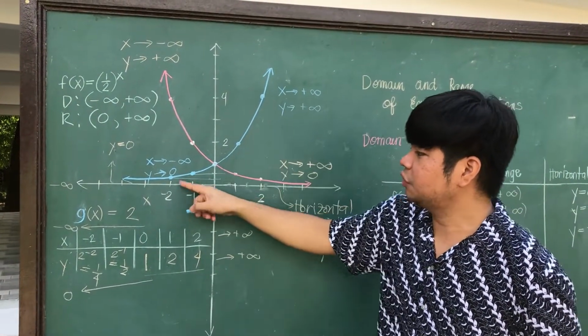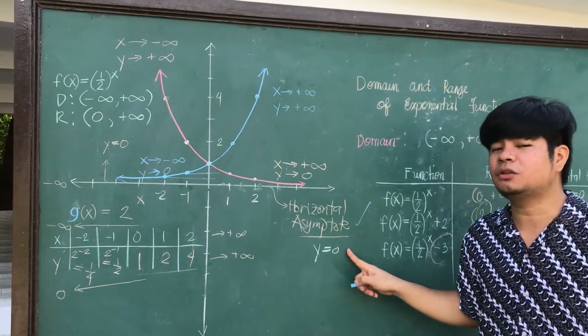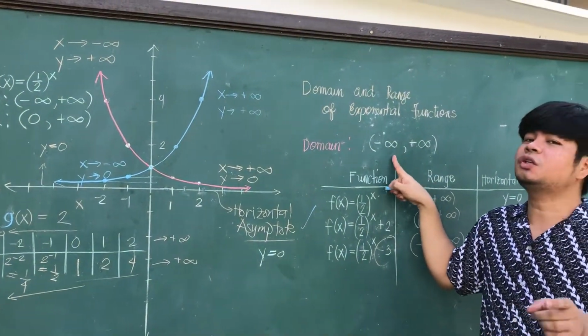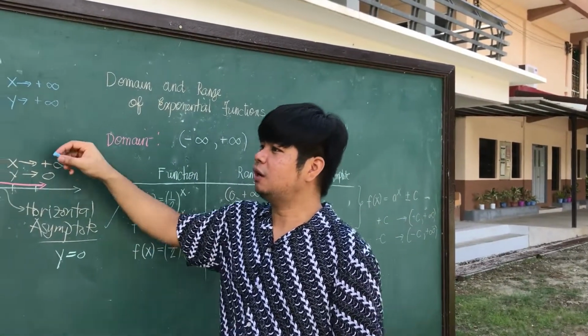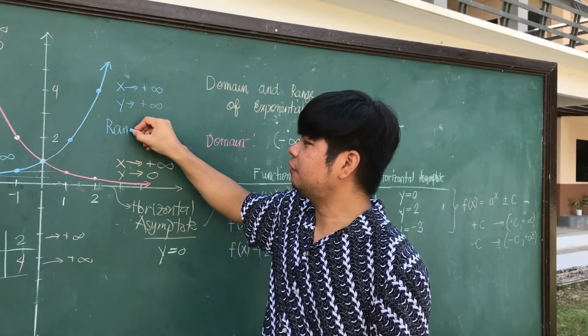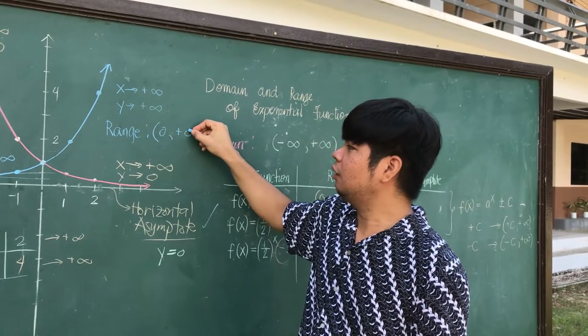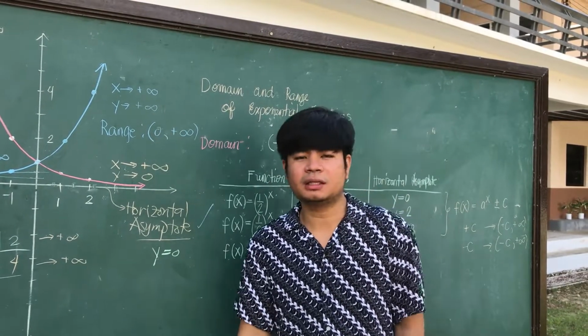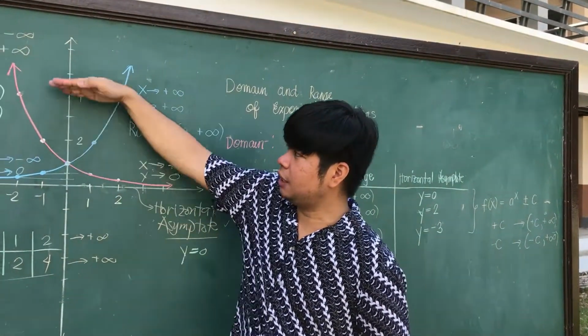Now, there exists also a horizontal asymptote. They have the same horizontal asymptote, y is equal to 0. Domain is also the set of all real numbers, and that's not a question already. The range of function g will be all numbers greater than 0. They have the same range because they have the same behavior.